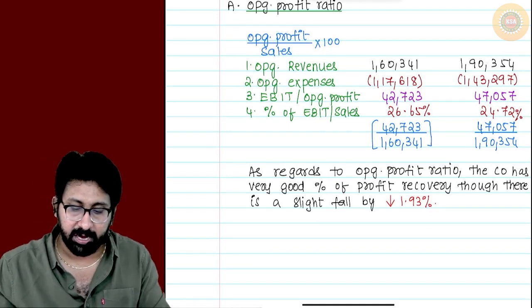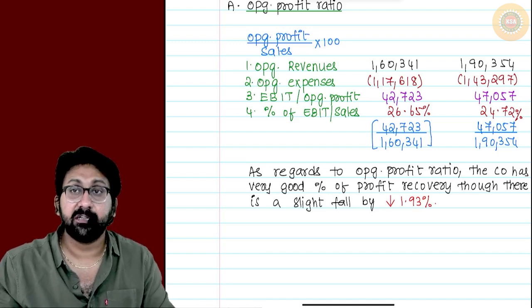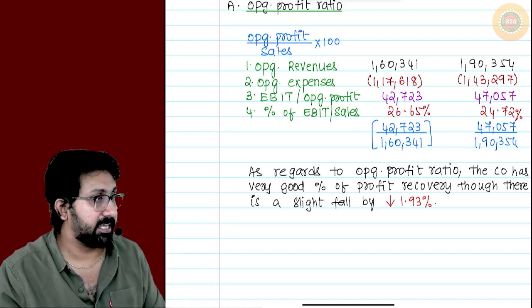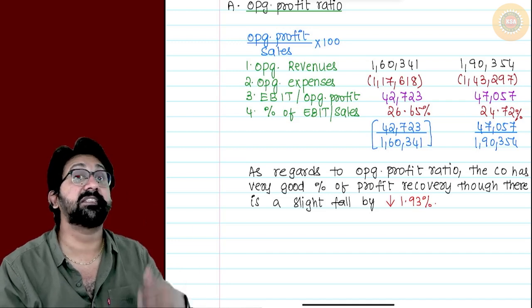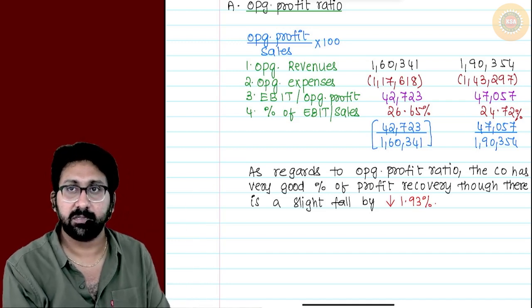So the overall idea is, what expenses have increased? Operating expenses. For the increase in operating expenses, that much sales are not increased. Clear?